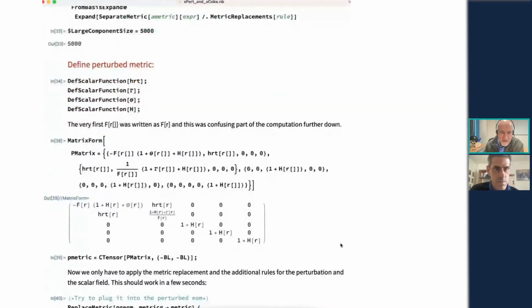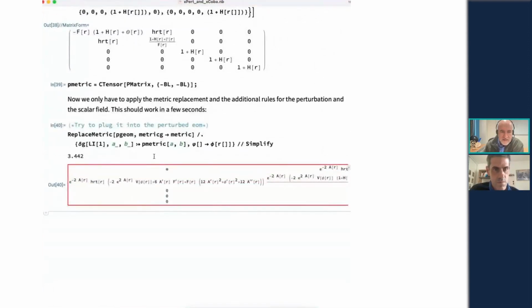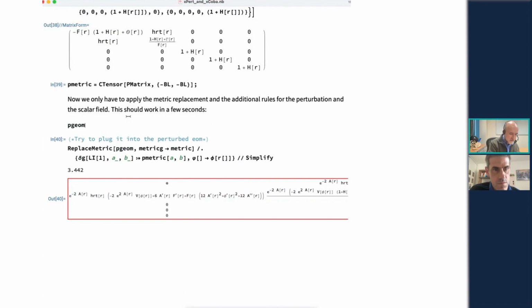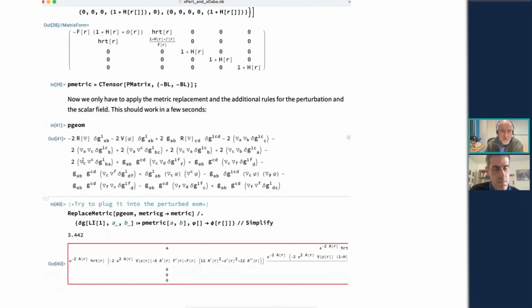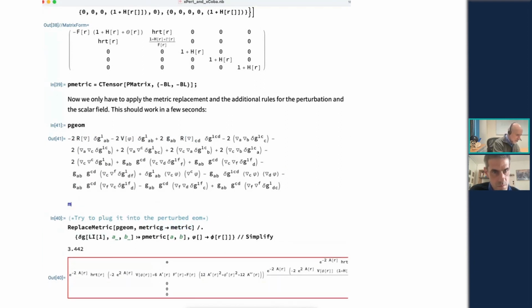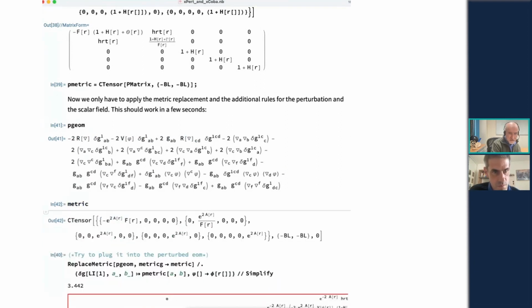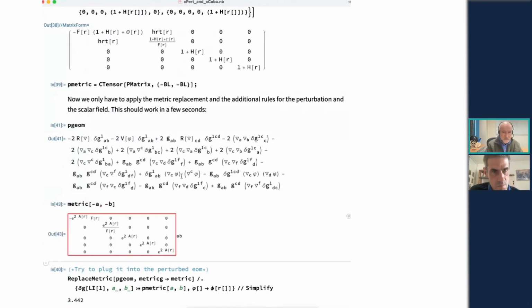And then at the very end, we have this type of computation. So we had something here, which was a purely symbolic object. And then we replace that symbolic metric by the CMetric. So metric is a CTensor object. So we can put here minus A minus B, and we see the metric.